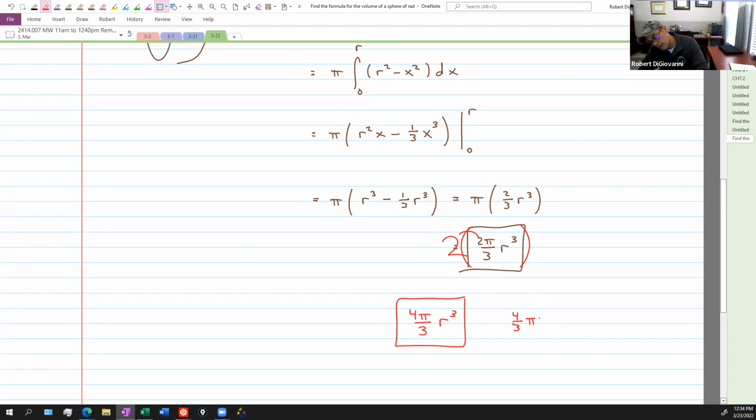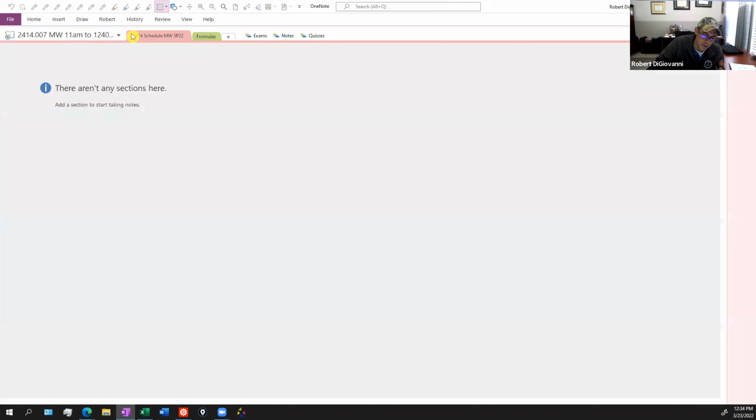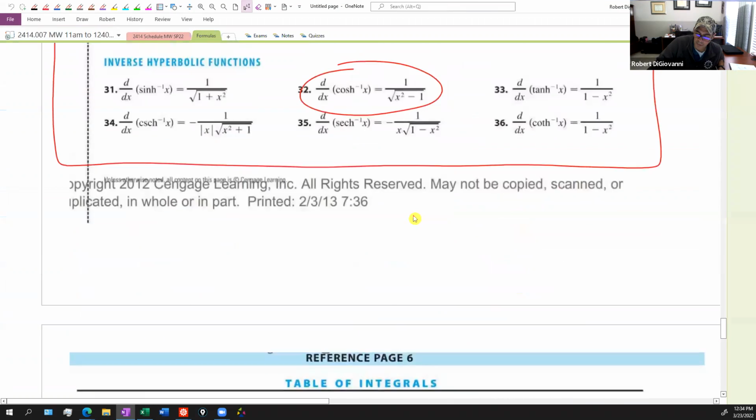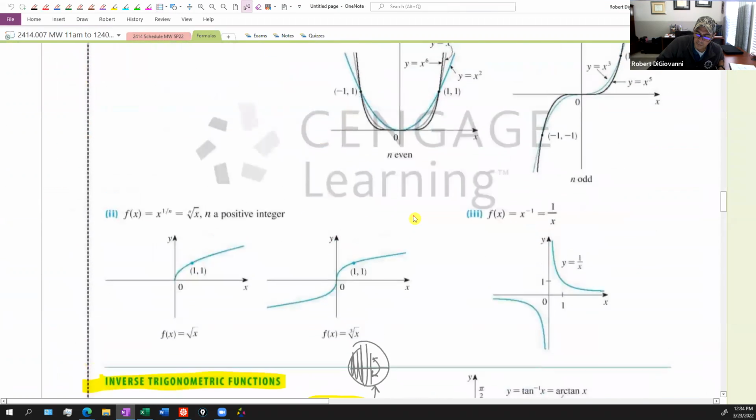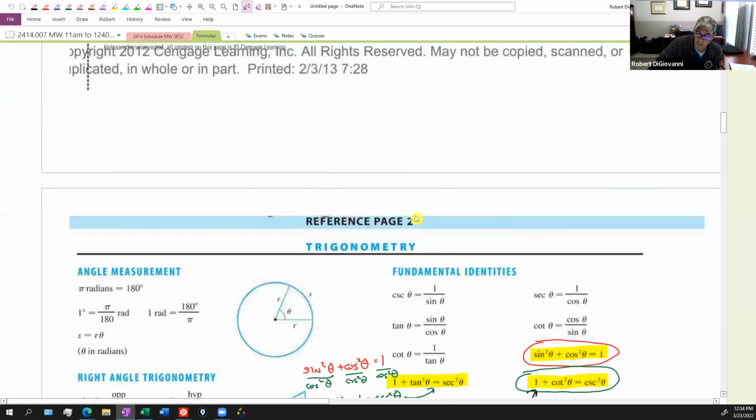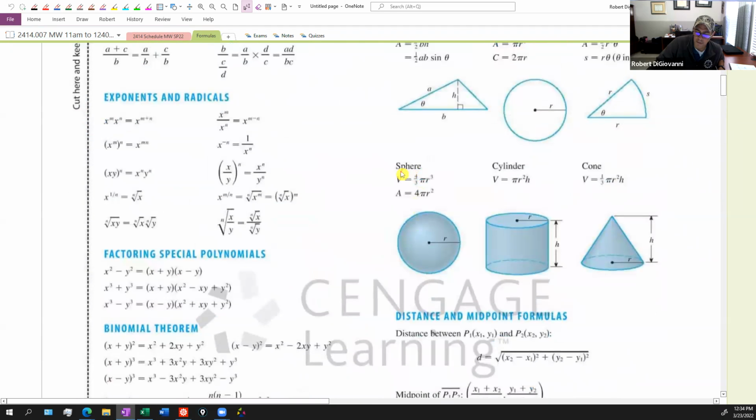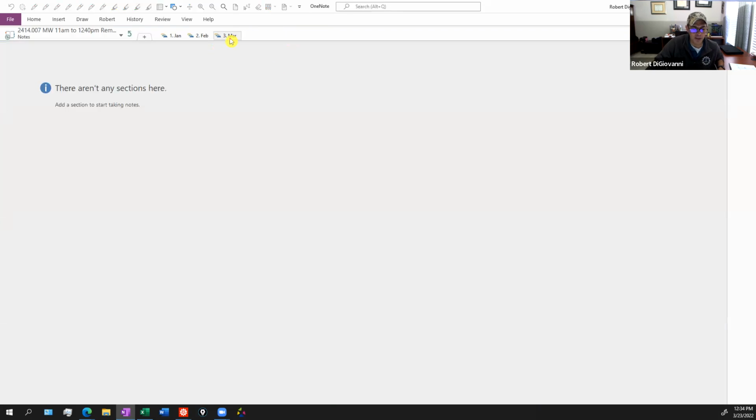4/3 pi r cubed, which, if you go to your formula sheets, the volume of a sphere is 4/3 pi r cubed. Why? Well, we just showed why. That's pretty interesting.